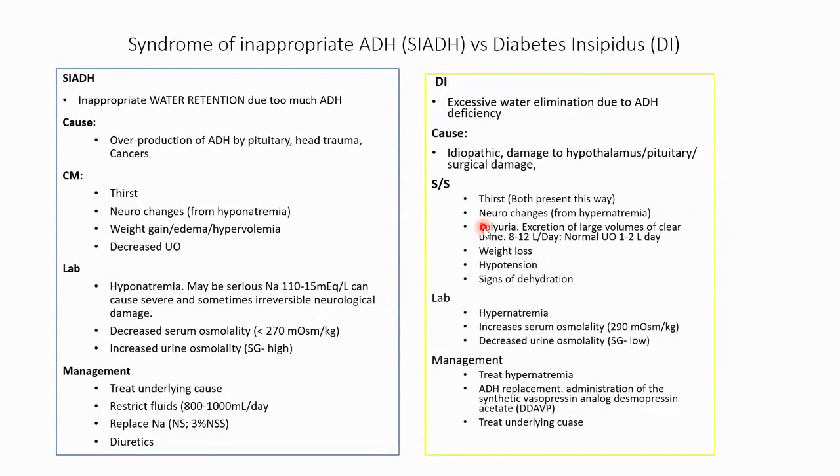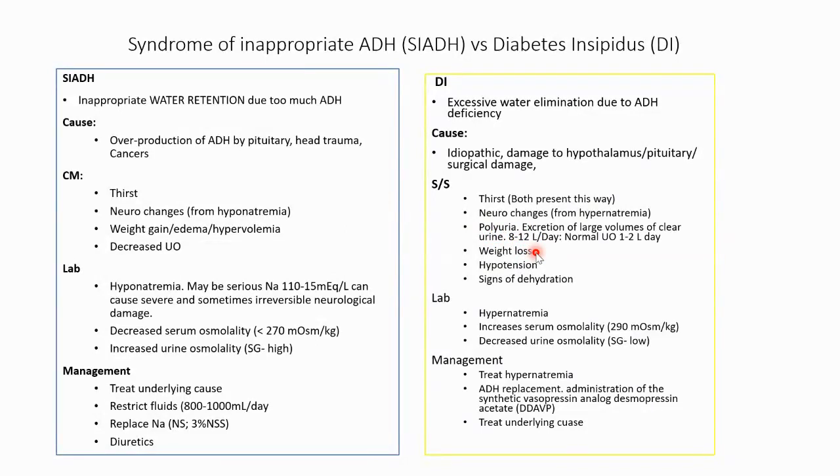They have a Foley, and it's just pouring out large volumes of clear urine, 8 to 12 liters a day. I mean, you can't keep the Foley bag emptied quick enough. You empty the whole bag and you turn around and the bag is filled. So a large amount of excretion of clear urine, star.